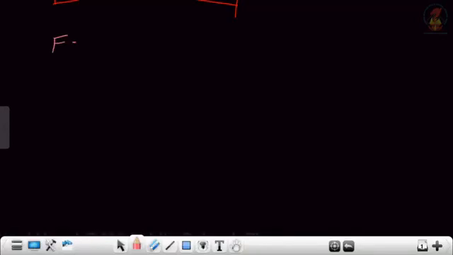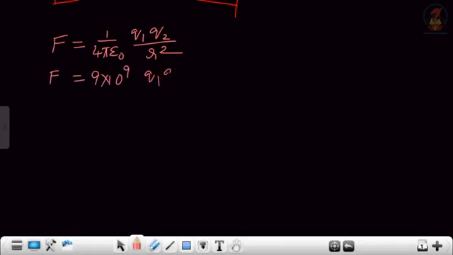Just look at the equation. We already studied F is equal to 1 by 4 pi epsilon 0 q1 q2 by r square, and 1 by 4 pi epsilon 0 is 9 into 10 raised to 9.